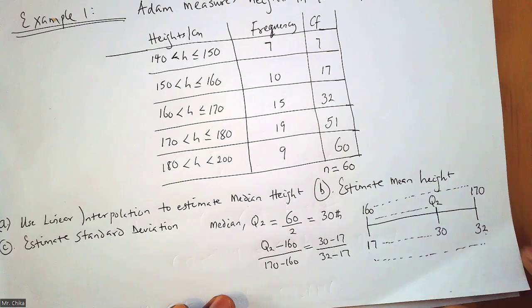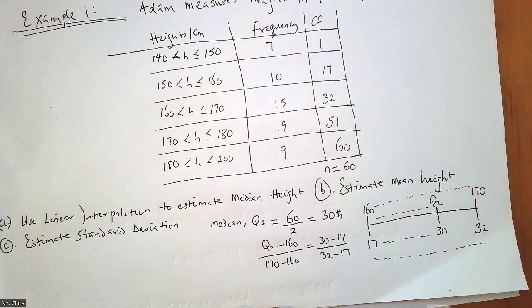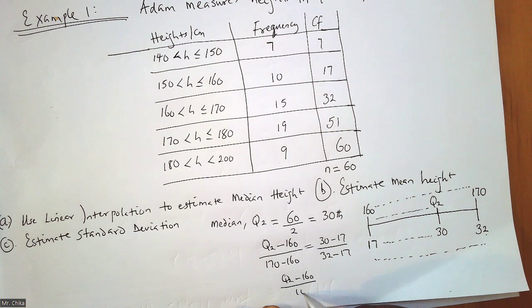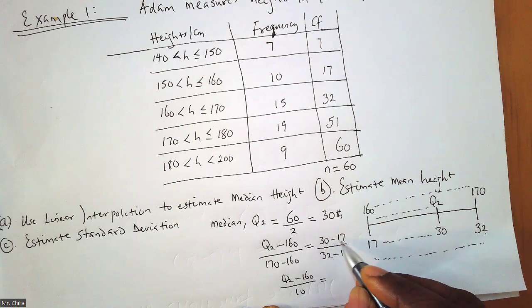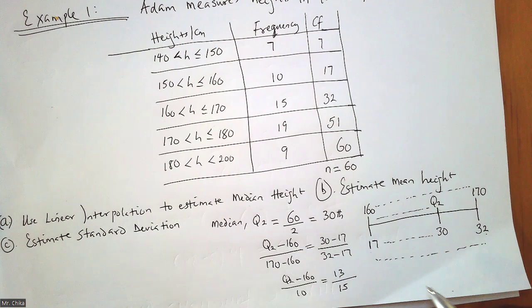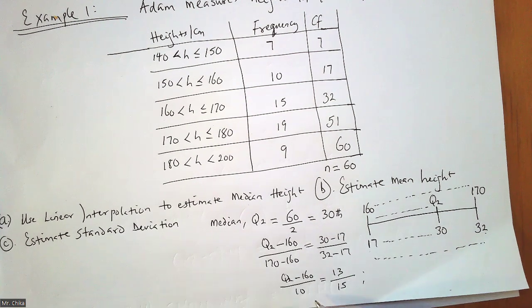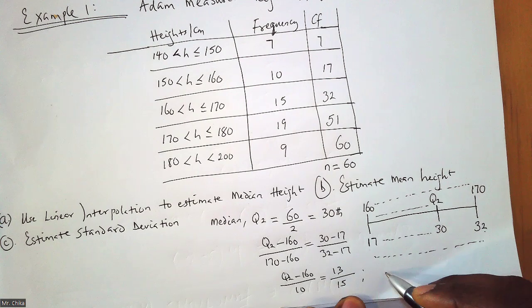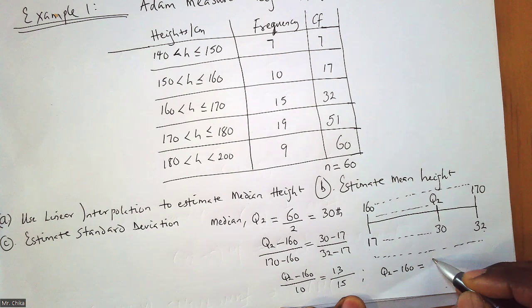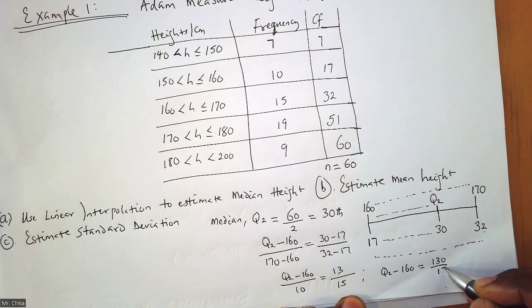See? All right, so from here, just a little bit of algebra. 170 take away 160 will give us 10, 30 take away 17 will give us 13, and 32 take away 17 will give us 15. If we times both sides by 10, Q2 take away 160 is equal to 130 divided by 15.